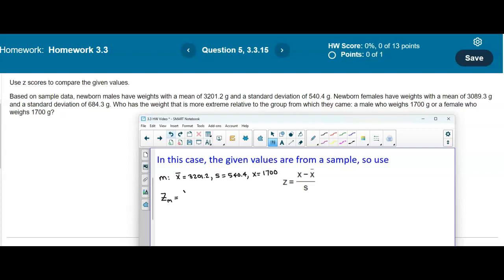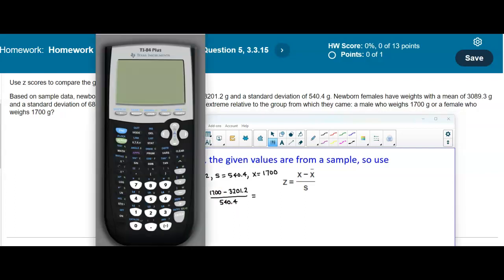Again, we know the formula is the data value x minus the sample mean over the sample standard deviation. So the data value x is 1,700, and then we're going to subtract the sample mean of 3,201.2, and then divide that by the sample standard deviation of 540.4, and then round our result to 2 decimal places. So let's go ahead and do that.